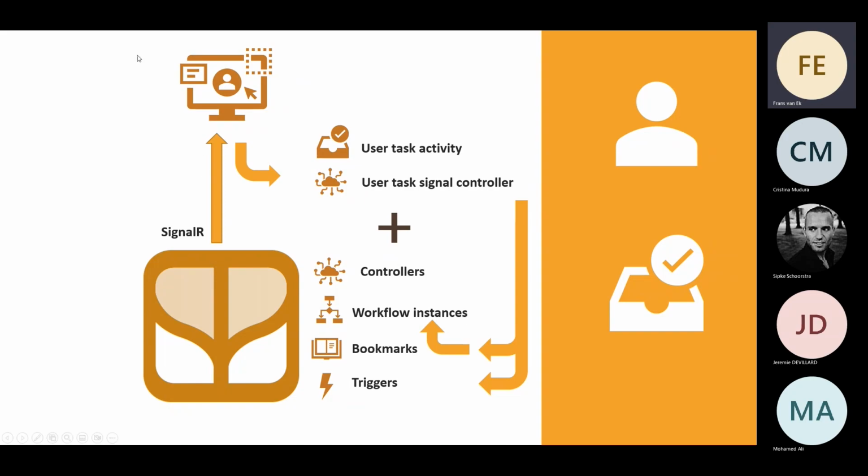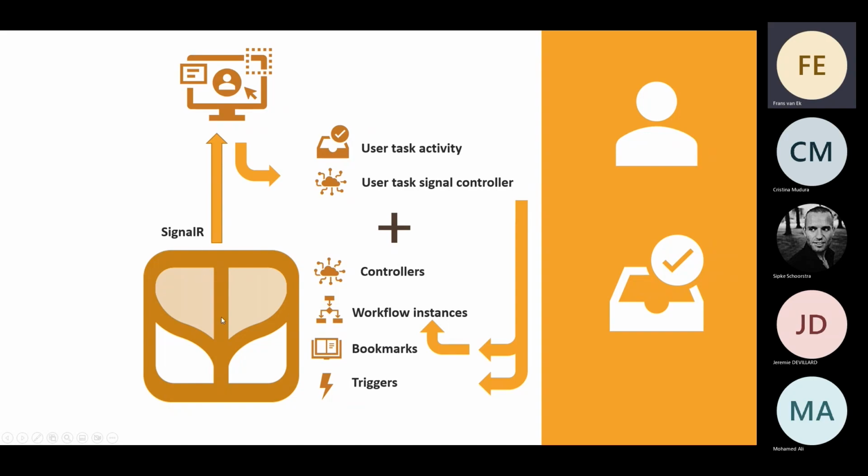The way I implemented this is when I go to a specific detail page from the overview that I created from the bookmarks, I get the specific details of that workflow instance. I subscribe to the signals that are related to that specific workflow instance ID. So I don't listen to all the events. I just say whenever something happens for a workflow instance that I'm currently looking at by this ID, please notify me.